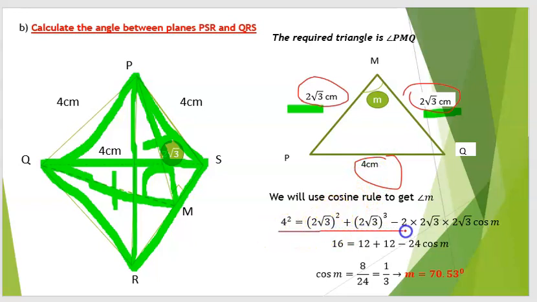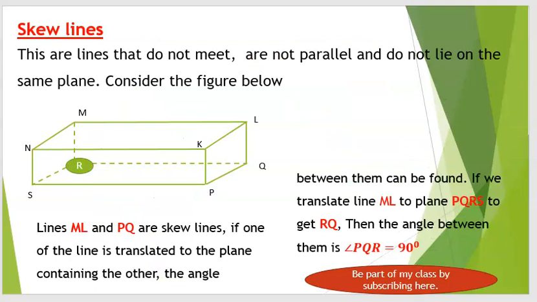If you reduce this, you get 16 equals 12 plus 12 minus 24 cos M. We want to find this angle M. If you do that, cos M equals 8 over 24, which means cos M equals a third. Therefore, you take the cos inverse of a third, and by so doing, you get 70.53. That becomes the answer for that particular question.